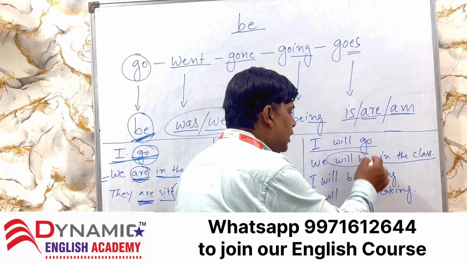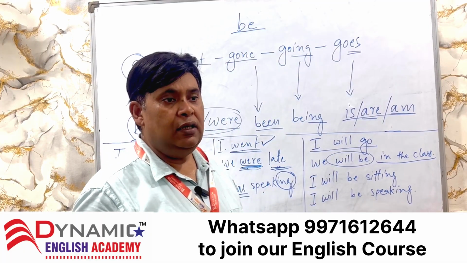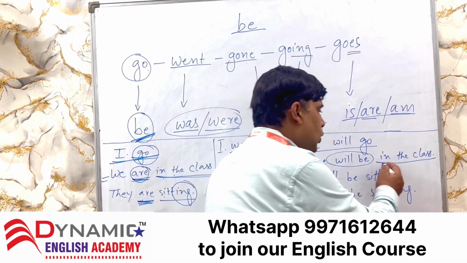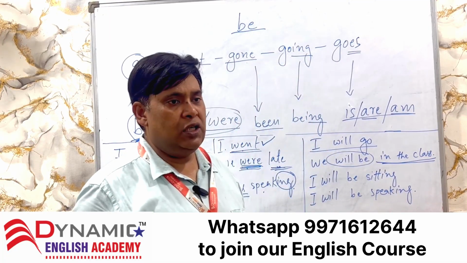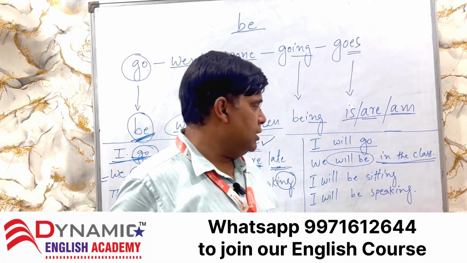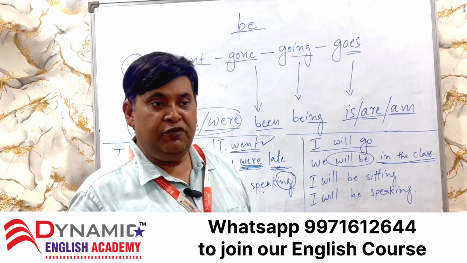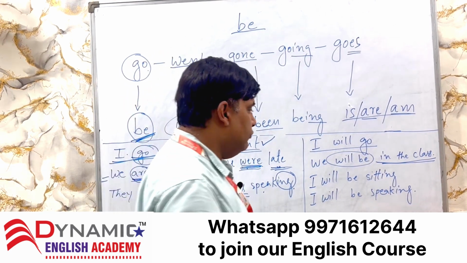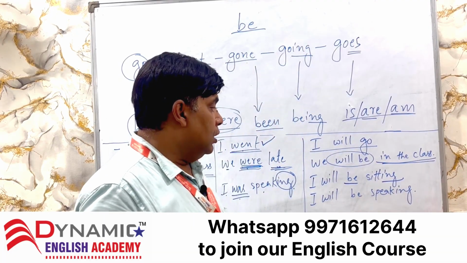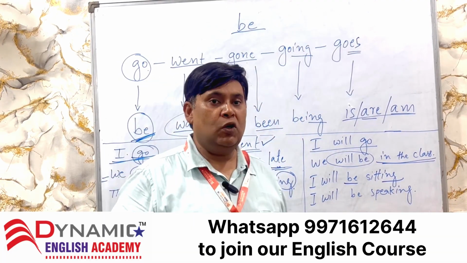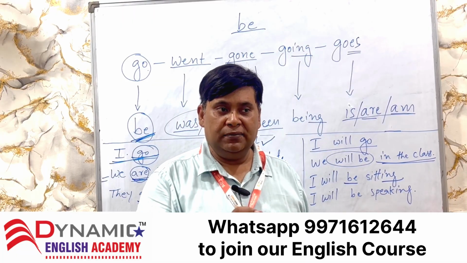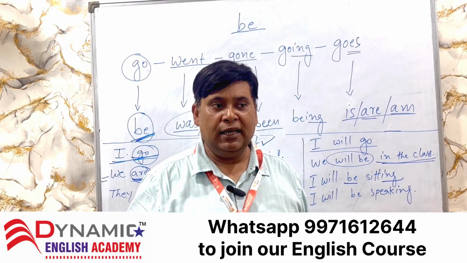So basically we can use will be in two circumstances. One, if there is no action. No action means can be adjective or can be any other words like this. Or if you are using action, then we must use be with ing. So the catch is most of the students make this mistake that they use be and verb like I will be speak English.